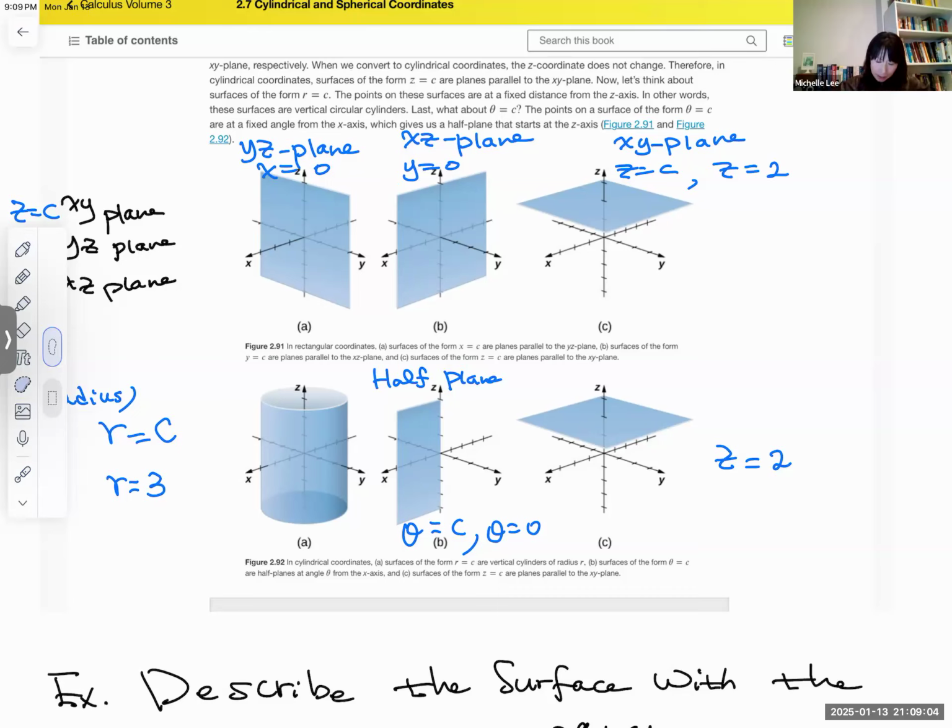Okay. And then we can see that there's a cylinder. So we can use this one as cylindrical coordinates, which is r equal to any number. In this case we measure the radius is 3, so I put the 3 there. We have a plane that looks like the XZ plane, moving this way, right? But they say that this is a half plane.